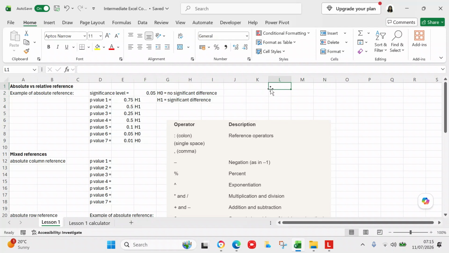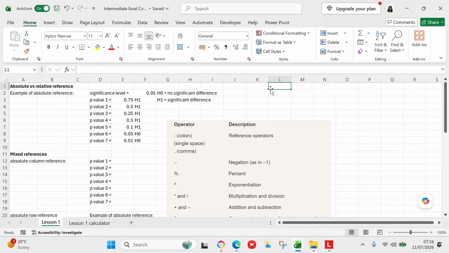And H1, the alternate hypothesis, means that there is a significant difference. What you do is check the means of two samples. H0 says there's no significant difference between the means of two samples. You can also check the medians. And H1 means there is a significant difference between the means of two samples.